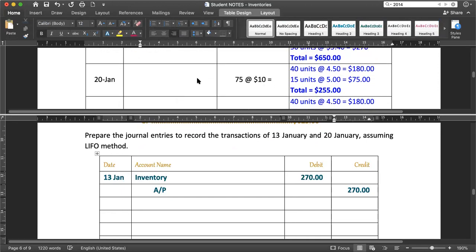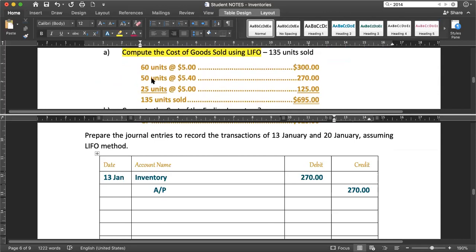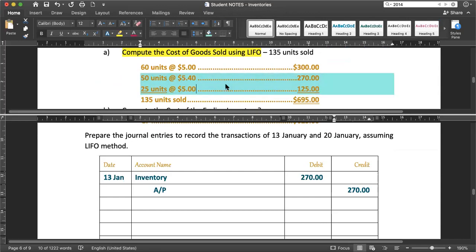Then on the 20th of January, they sold 75 units. Now, let me just go back to my computations here. The 75 units that were sold are going to be these units here. So I want to just highlight these two.